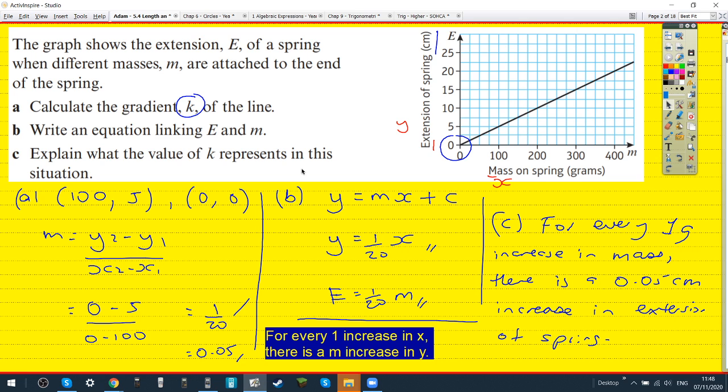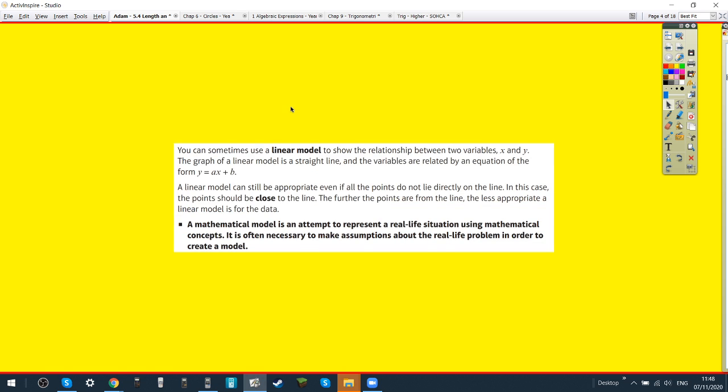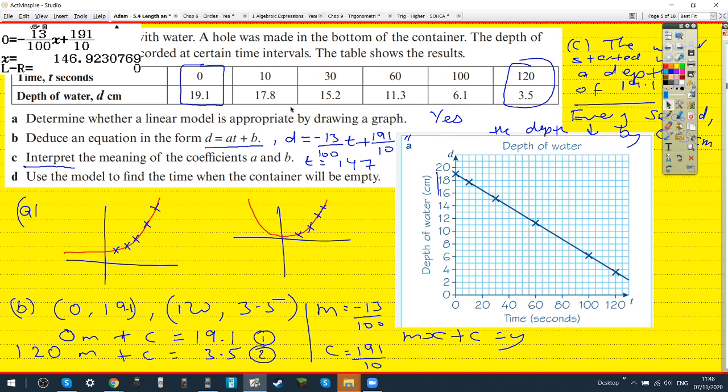Gradient is fine. Y-intercept is fine. Instead of using y and x, you use the letters that they're using. An interpretation of the y-intercept is, if it's time, it's when x is 0. That's basically it. No, I think you're good.